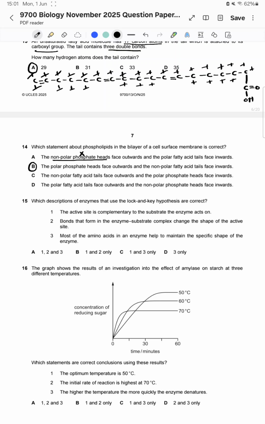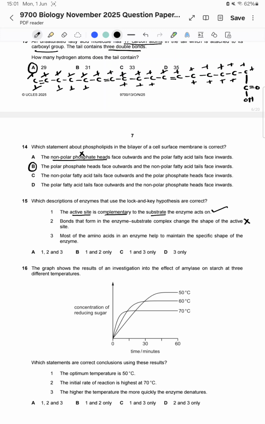All right, question number 15 then. Which descriptions of enzymes that use the lock and key hypothesis are correct? In the lock and key hypothesis, the active site is always complementary to the substrate that the enzyme acts on. That's perfectly all right. Second, it says bonds that form in the enzyme-substrate complex change the shape of the active site. No, it doesn't. That's the role of an inhibitor, which is not involved here.